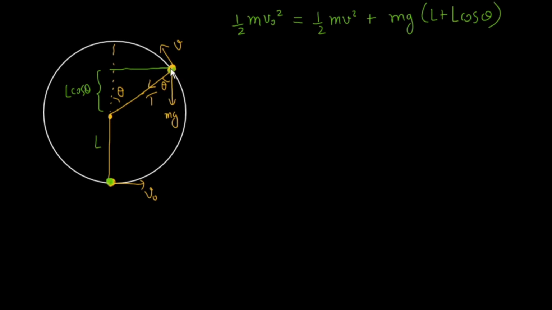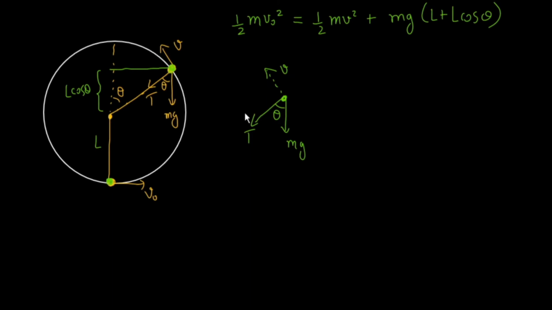Alright, next, if I had to write the force equation, I can draw the free body diagram again. My tension is here, mg is down, and I know that there is a velocity in this direction, and this velocity is changing because there is tension, so there must be centripetal acceleration. What will be the centripetal acceleration?